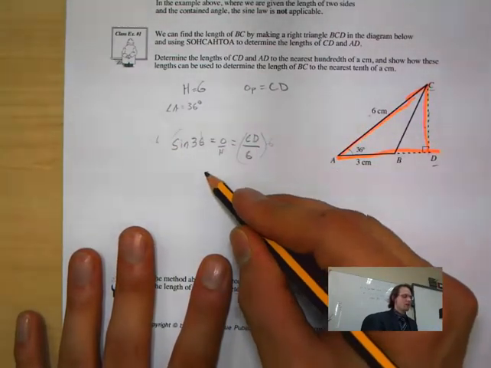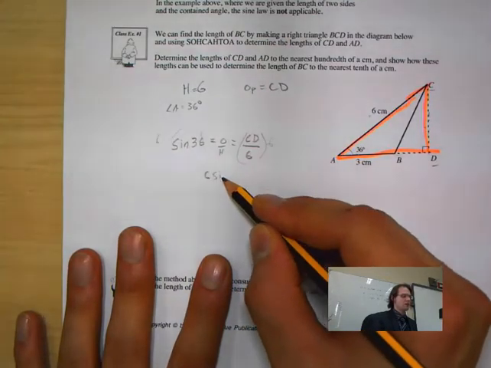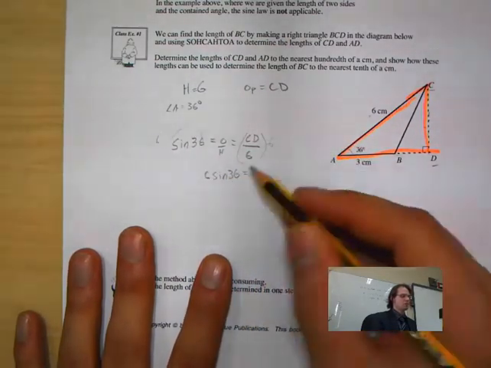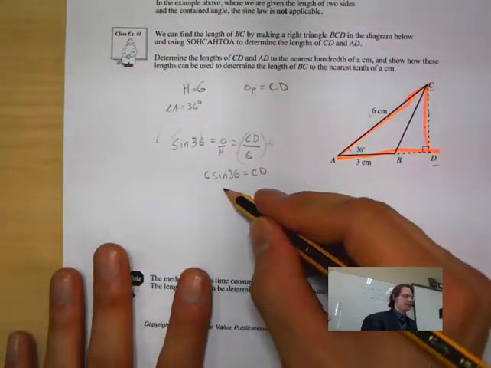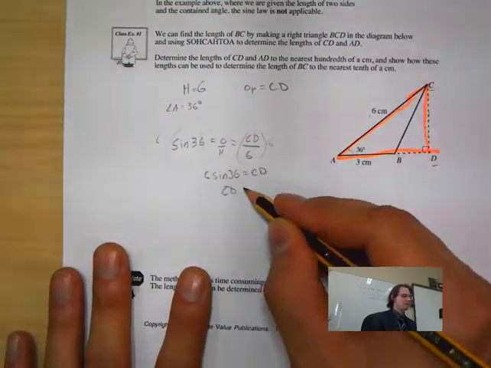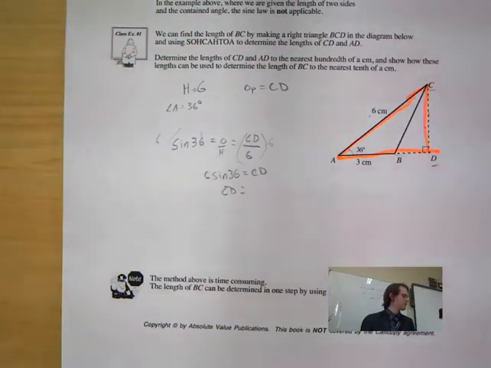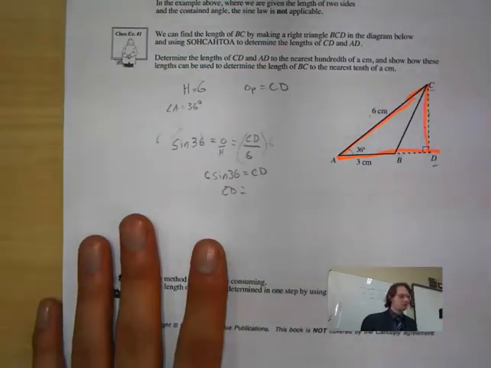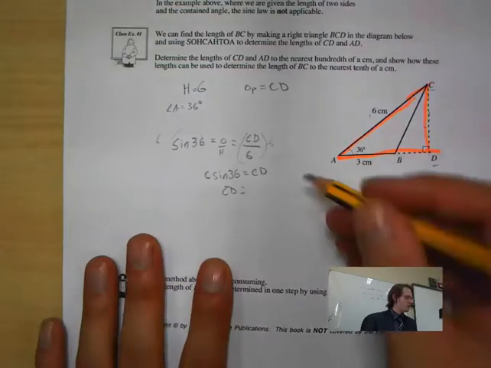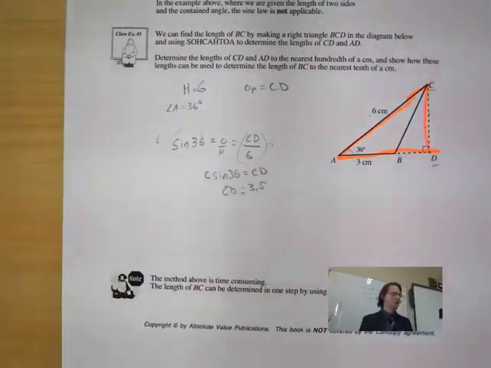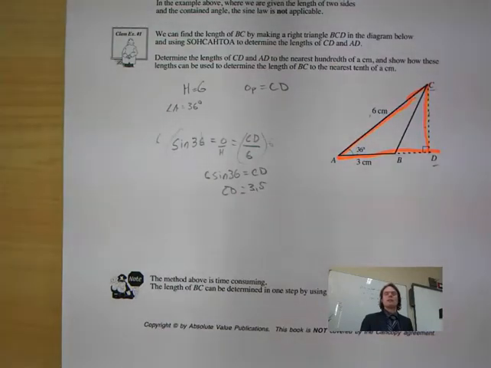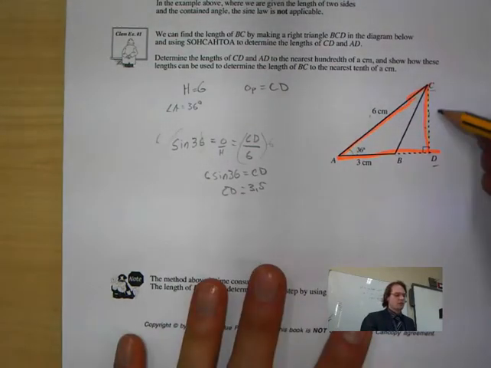I'm going to get 6 sine 36 is equal to CD. And so then my line CD is equal to, on the calculator, 3.5 approximately. Now, we have this as 3.5.